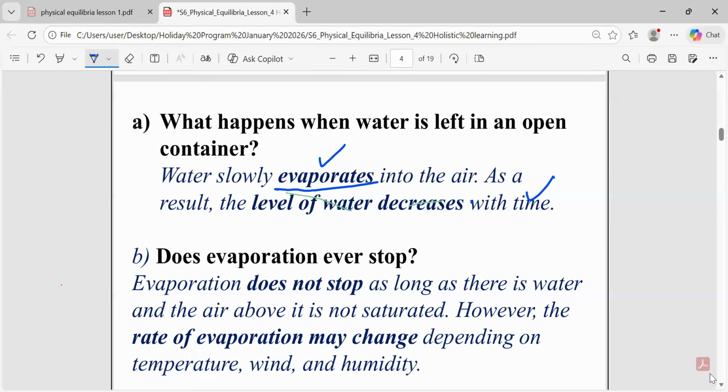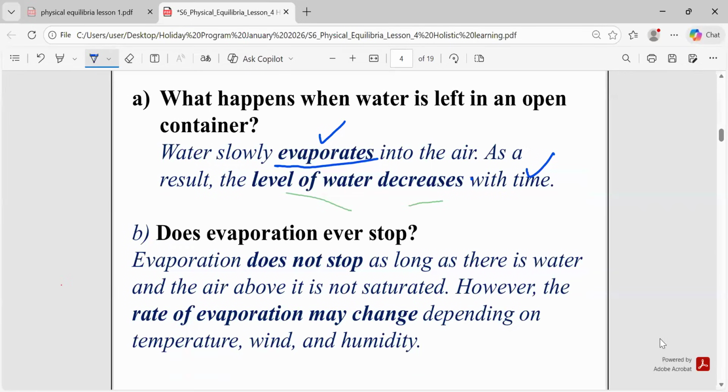Then the other one was asking, does evaporation ever stop? Evaporation does not stop, like Peace has already told us, as long as there is water and the air above it is not circulated. So as long as there's water and the air above it is not circulated, what happens? Evaporation will not stop.